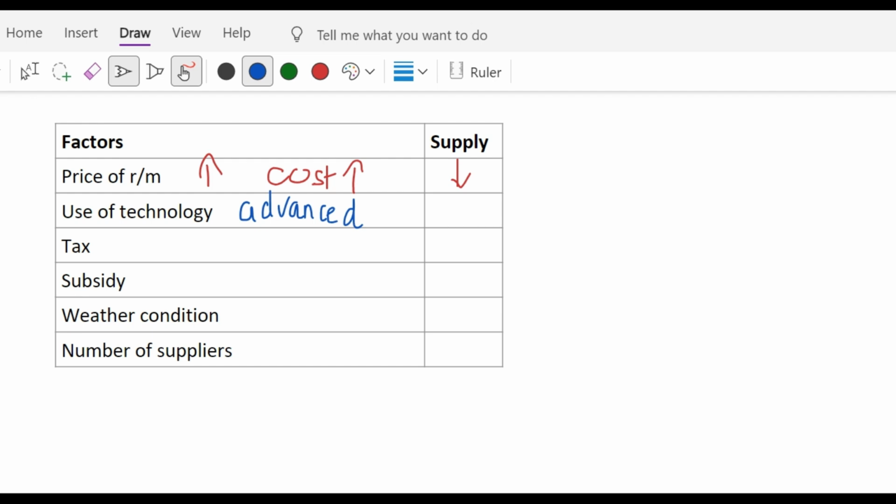That means I can produce more chocolates at the same time than before because it's way more effective. That means my supply will increase. But if the machinery that I'm using in my factory is outdated, and it's not functioning well, then my supply will decrease because it's not productive.